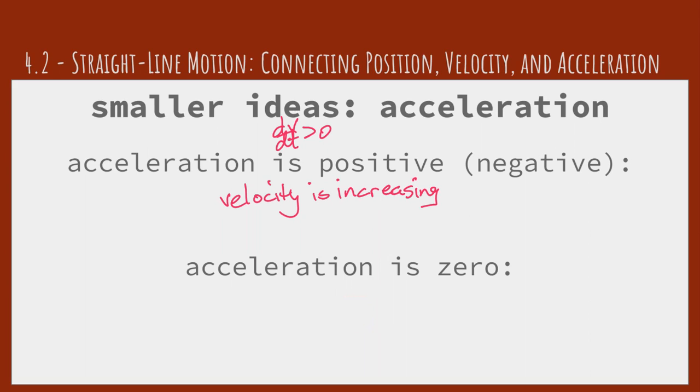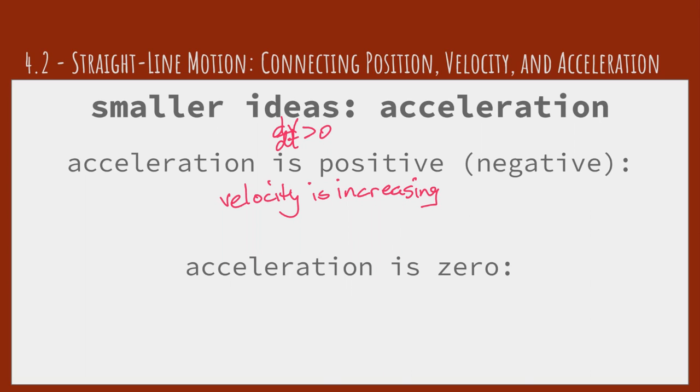It might be tempting to think that this means going faster, and sometimes it does. But if the velocity is negative, if we're moving backwards and the velocity is increasing, the velocity is actually getting closer to 0, because it is negative but getting bigger. That actually means that we're slowing down.